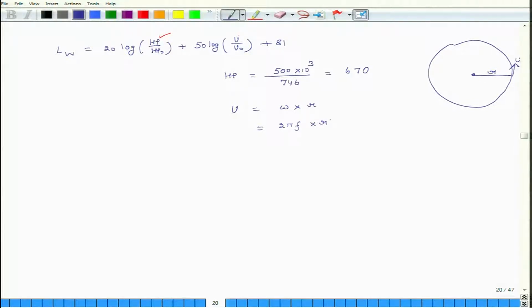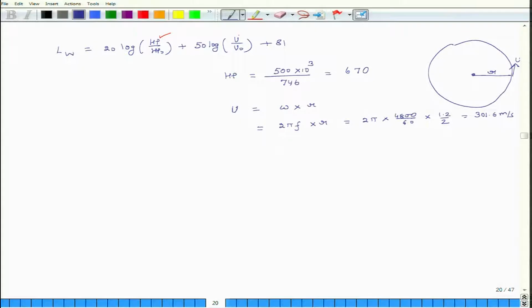So, this is equal to 2 pi f times r, which is 4800 divided by 60 times r, 1.2 divided by 2. Okay. So, if you do the math, it comes to 301.6 meters per second.